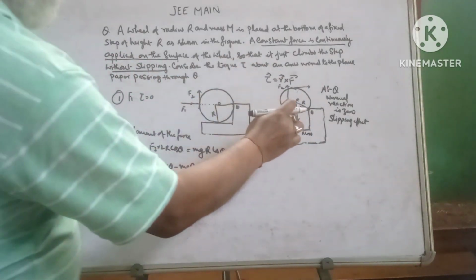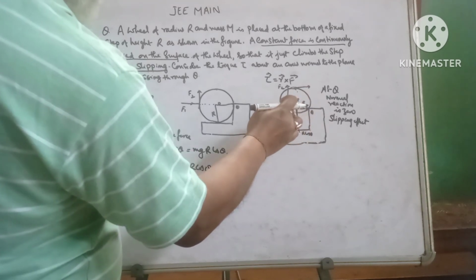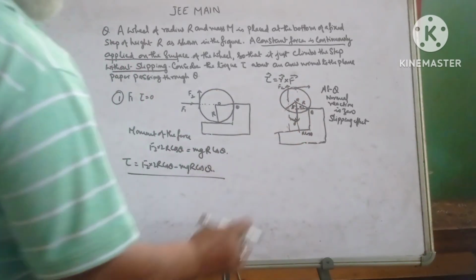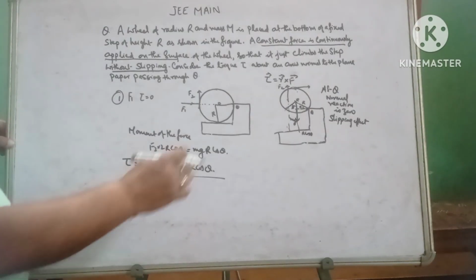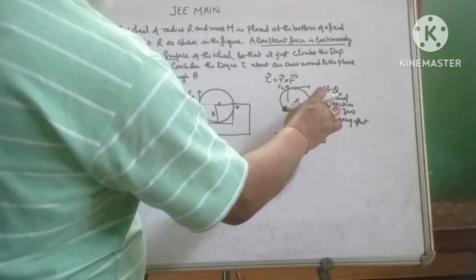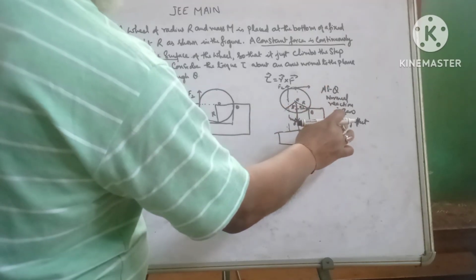When the ball moves into this position, the force is upward and it has rotated by theta. The important point here is that if the normal reaction at Q is zero, then there is a slipping effect.